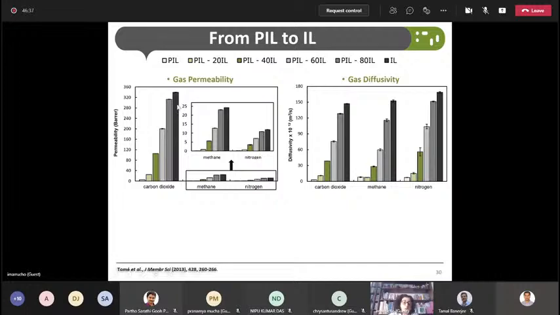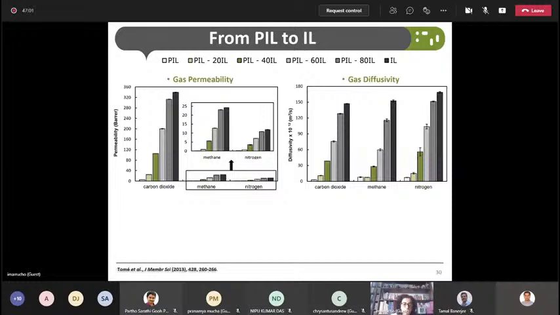Diffusivity behaves the same way. You can see here how the polymeric ionic liquid is not very good. And so the polymeric ionic liquid should only be thought of as a support for the ionic liquid, because what really separates is the ionic liquid.